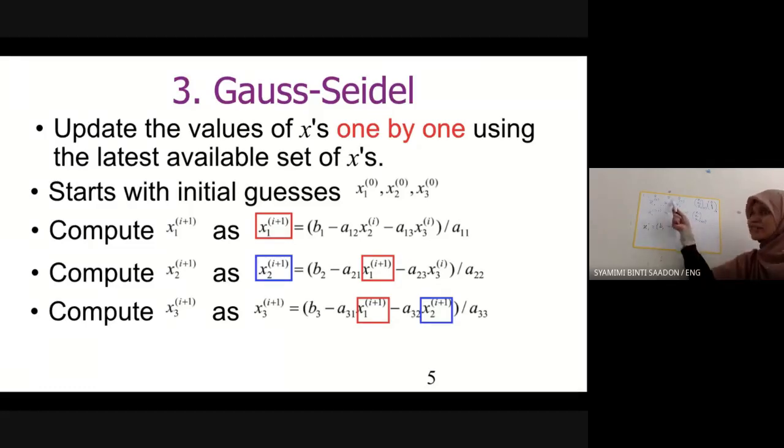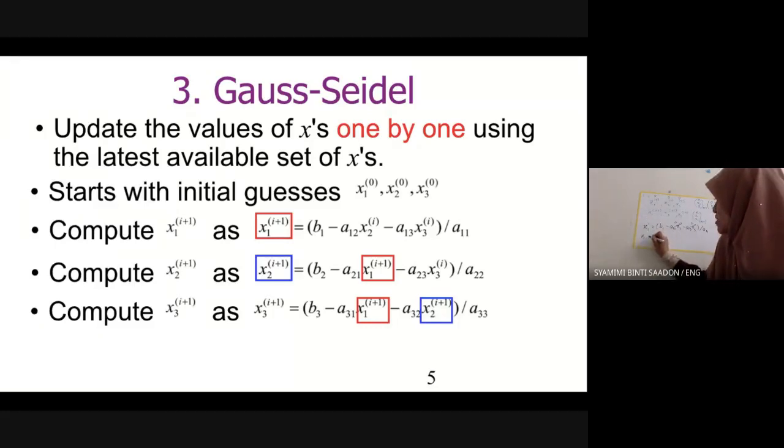So we use the first assumption of x2. Here it should be 0. If you guess it as 0, here should be 0, and then minus A13 x3 0, above A11. This term will be 0 according to the assumption here. So we only have B1 over A11. That is our x1 at step 1.